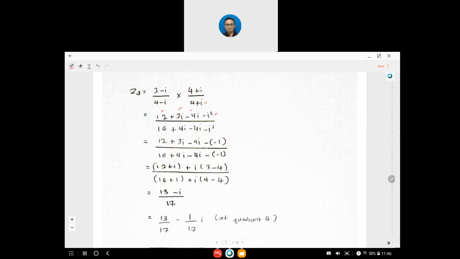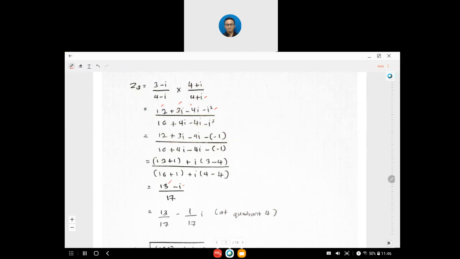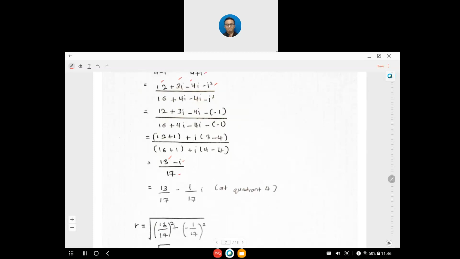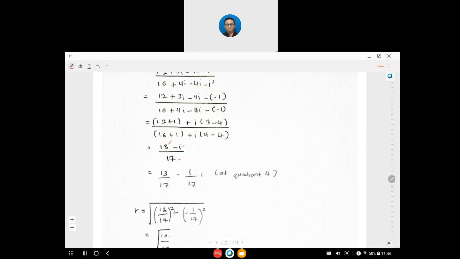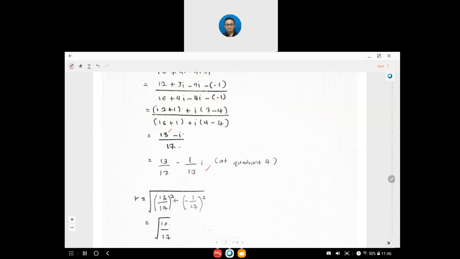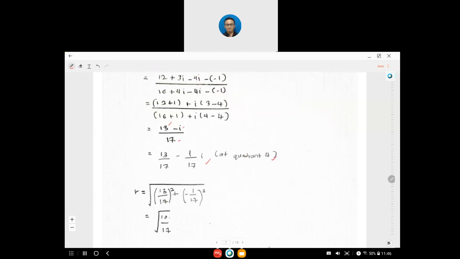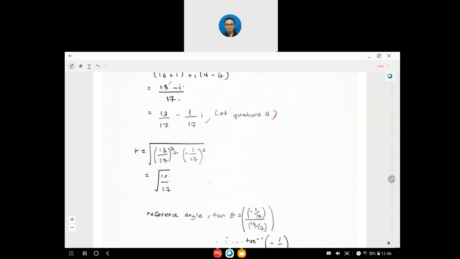So it becomes 13. 3I minus 4I become negative I. And then your denominator, 4 square plus I square is 17. So that one become 13 over 17 minus 1 over 17 I, quadrant 4. Find R. You can get square root of 10 over 17.